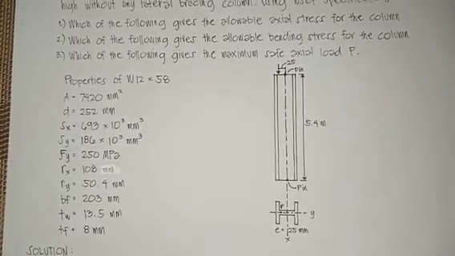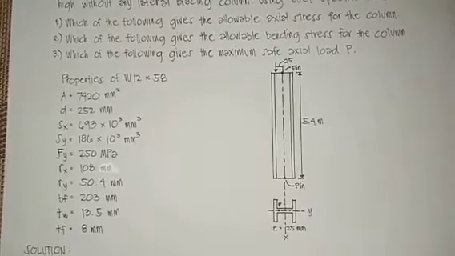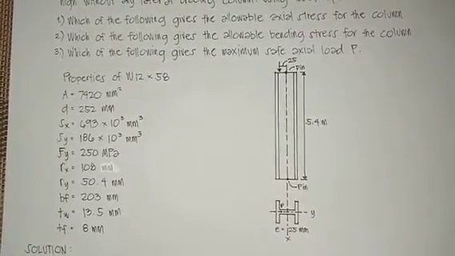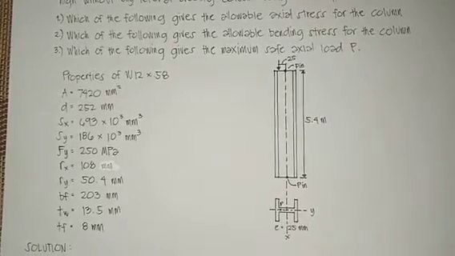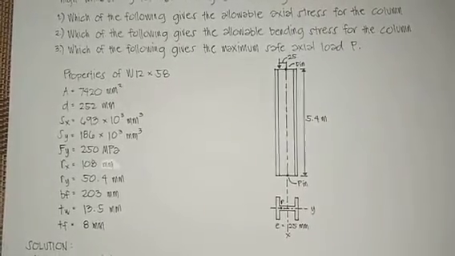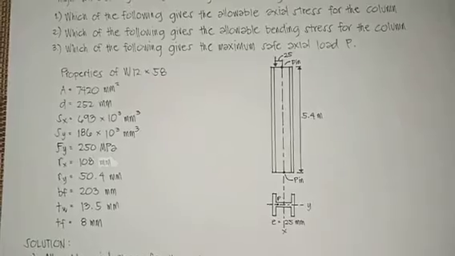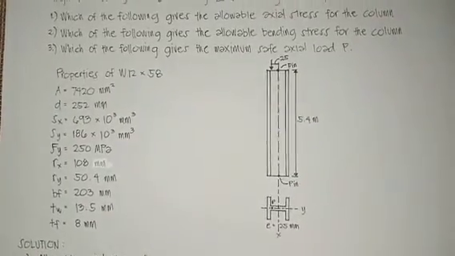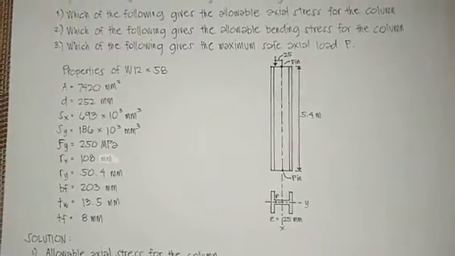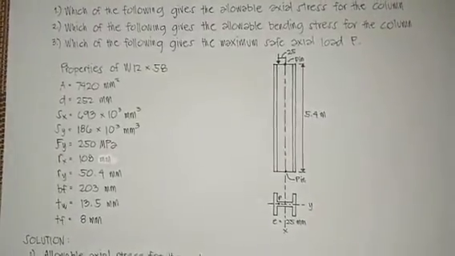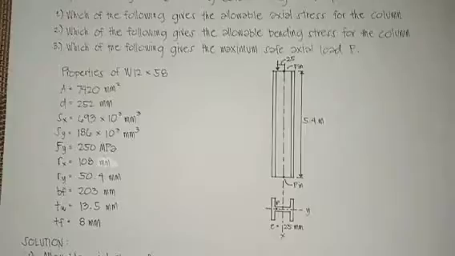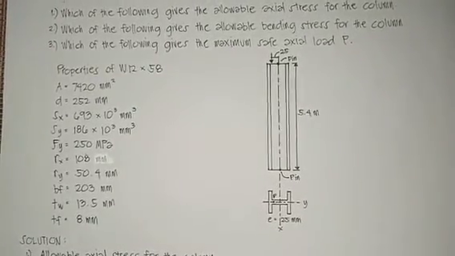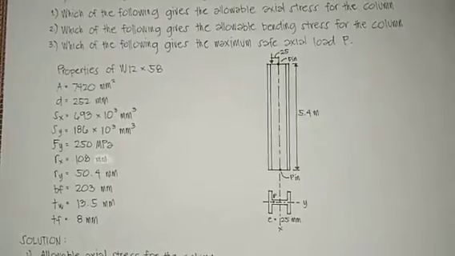Sy is equal to 186 times 10 to the power of 3 cubic millimeters. Fy is equal to 250 megapascal. Rx is equal to 108 millimeters. Ry is equal to 50.4 millimeters. Then Bf is equal to 203 millimeters. Tw is equal to 13.5 millimeters. And Tf is equal to 8 millimeters.